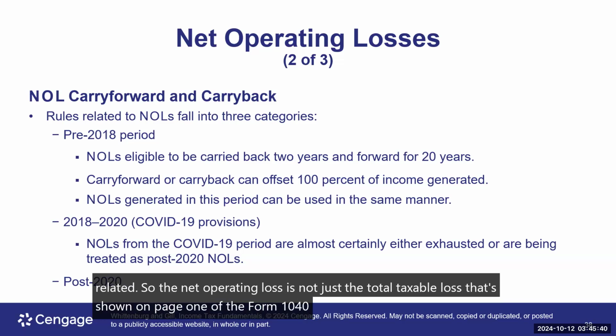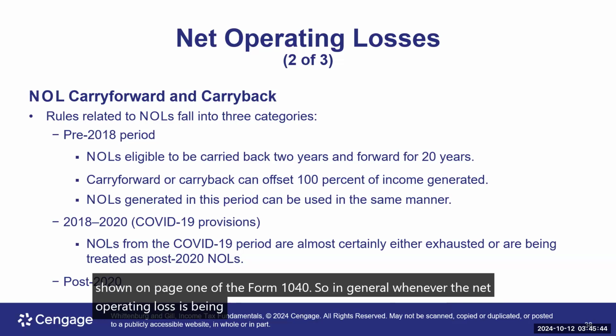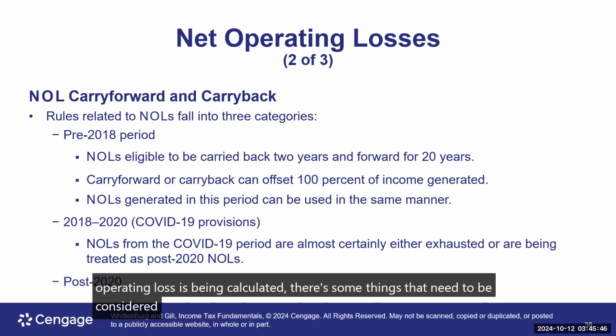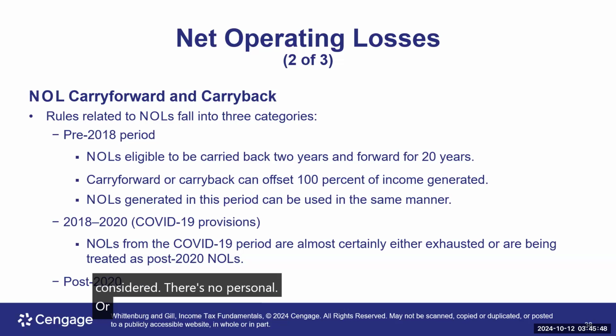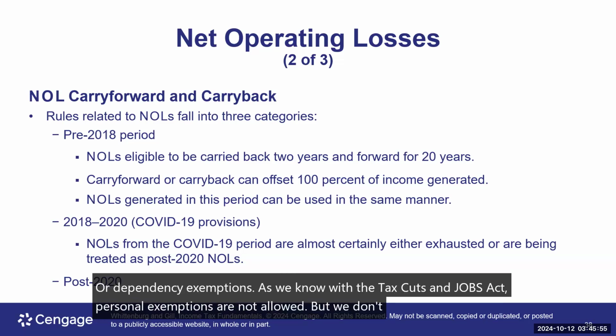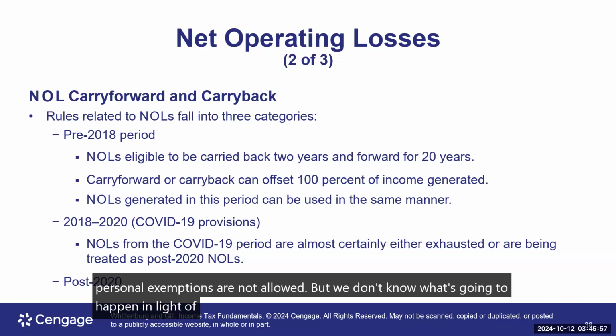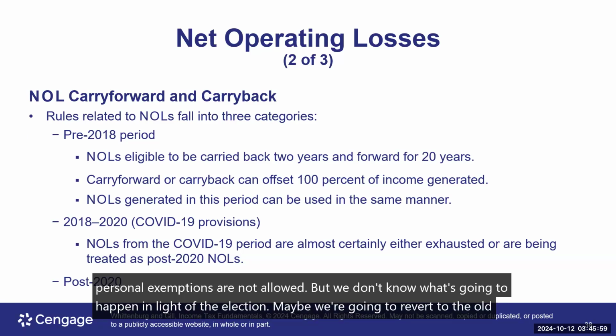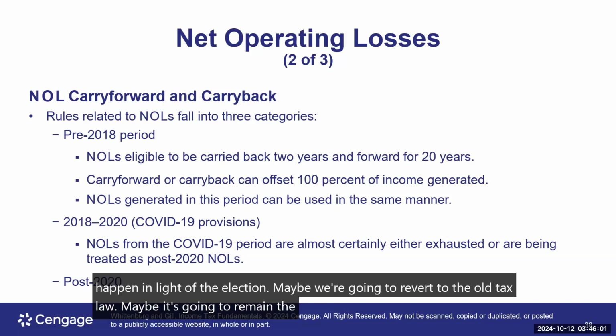So in general, whenever the net operating loss is being calculated, there's some things that need to be considered. There's no personal or dependency exemptions. As we know, with the Tax Cuts and Jobs Act, personal exemptions are not allowed, but we don't know what's going to happen in light of the election. Maybe we're going to revert to the old tax law. Maybe it's going to remain the same. We're not sure yet. But again, no personal or dependency exemption.